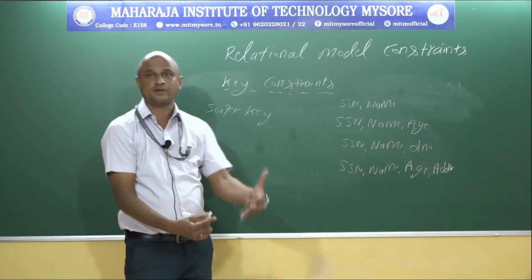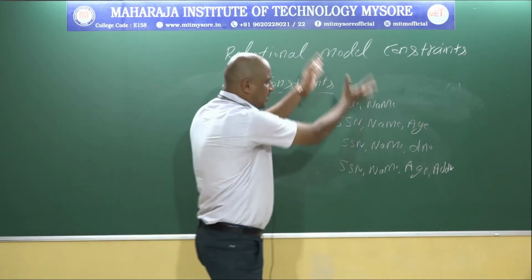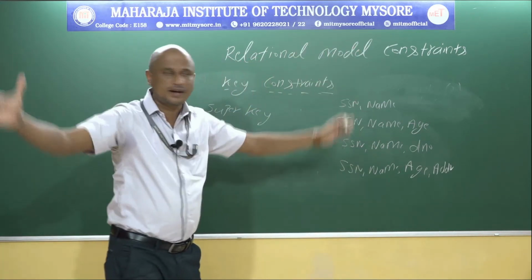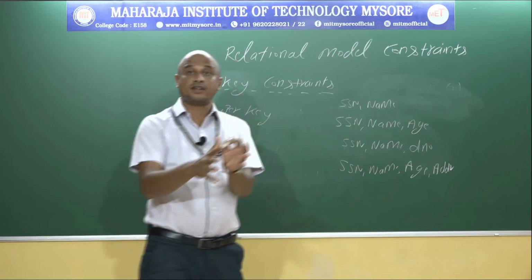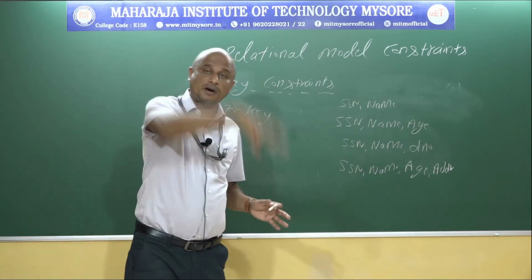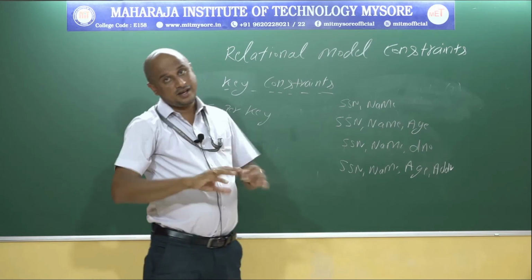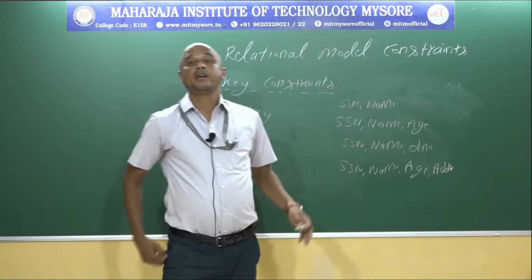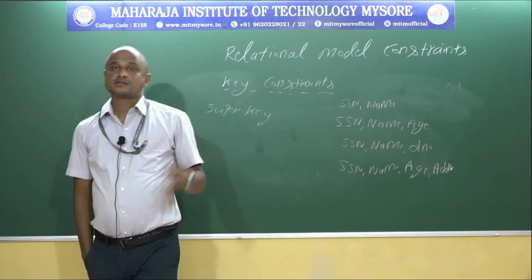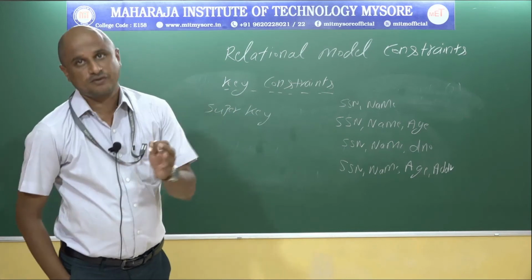So let me write a definition for super key. I said you can try various combinations: SSN with name, SSN and name with age, SSN and name with department number, SSN and name with address, age with address. They make more uniqueness property. So how can I write a definition for this?